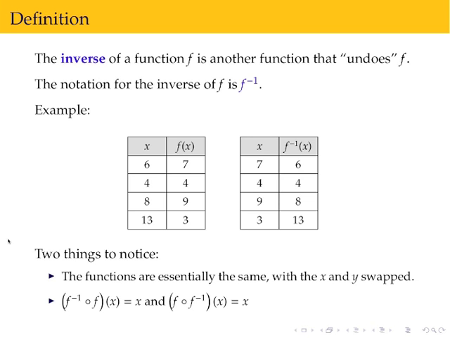And remember, this is the symbol for function composition, where we use one function as the input for another function. So if we apply one function and then the other in whichever order, we always get back whatever our original input was. So if we start with 13 and then do f of 13, we get 3. If we do f inverse of 3, we get 13.